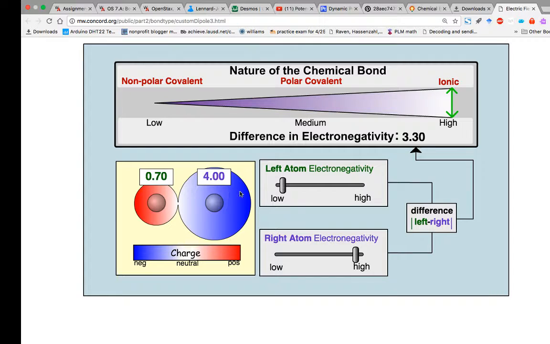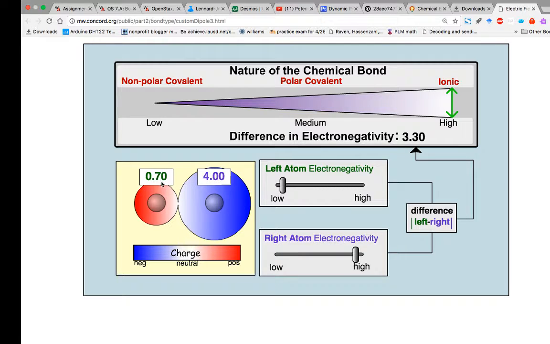Here I have an atom that has a very high attraction for the electrons in between these two atoms. Any electron that falls in between these two atoms, this guy has a very high attraction for.